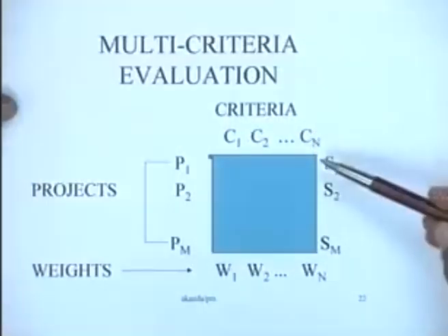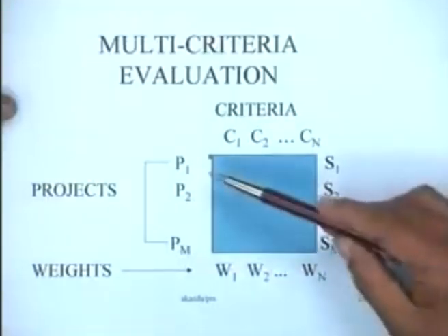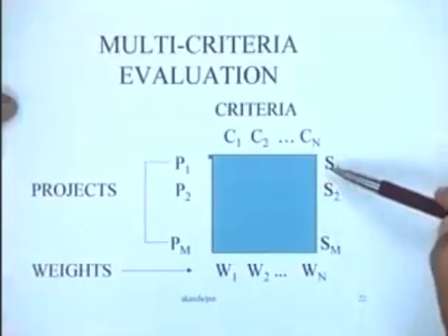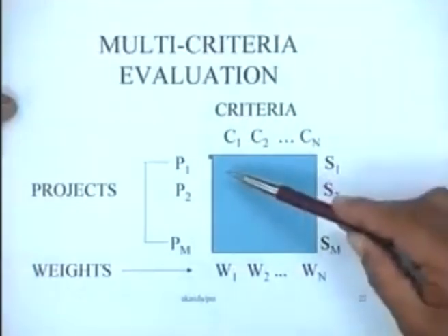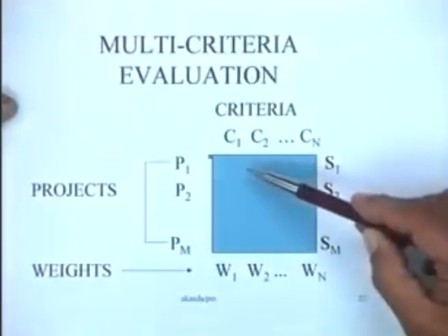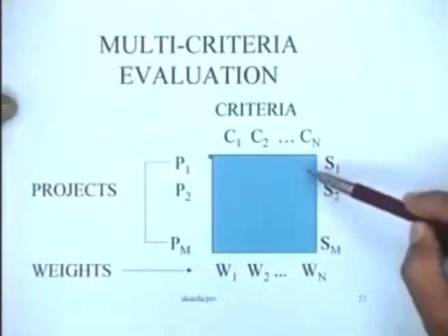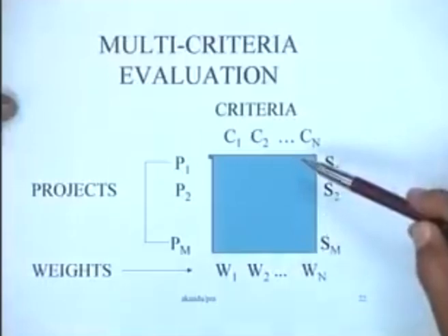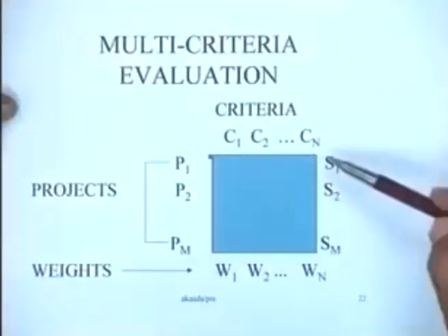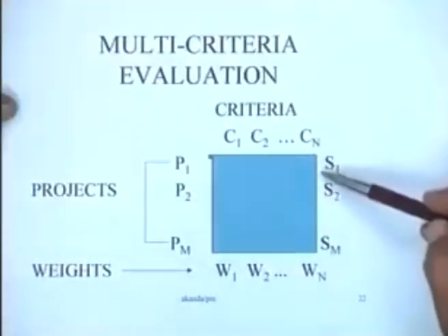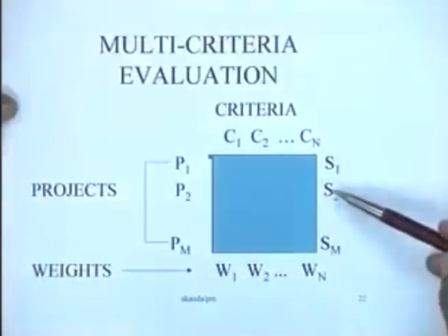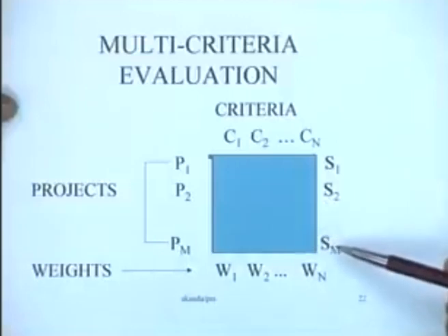Each of these projects would be evaluated on each of these criteria and given some score, and then depending upon the weightages for these individual criteria, we could work out a consolidated score for each of the projects. So S1 is a score for the first project, S2 is a score for the second project, and SM is a score for the mth project.